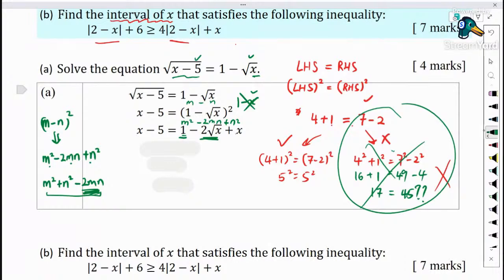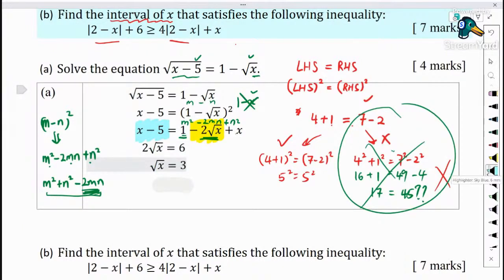The next thing you need to do is rearrange the equation so that the square root is on the left, the rest on the right. And as a result, when I rearrange the terms, the terms that I highlighted in yellow, I will rearrange to the left hand side, whereas the four terms on the left hand side, I will rearrange to the right hand side. So I have the answer as the following.